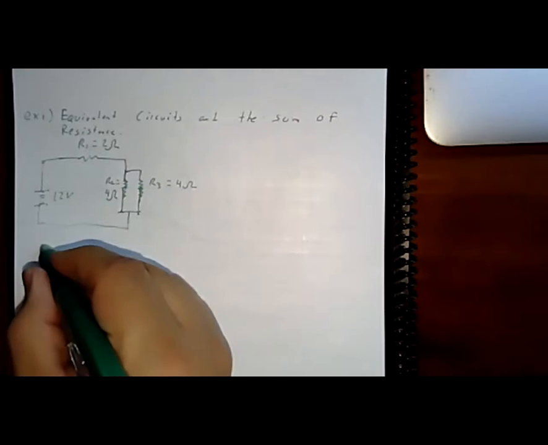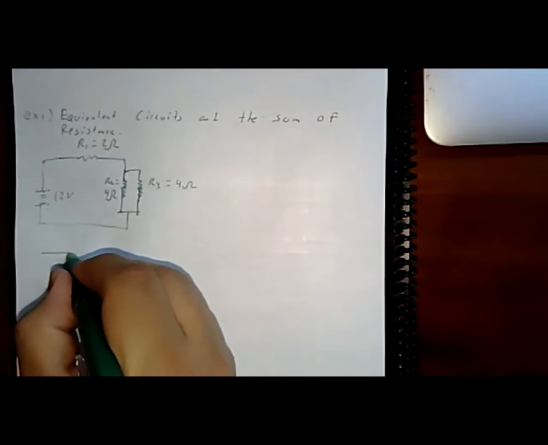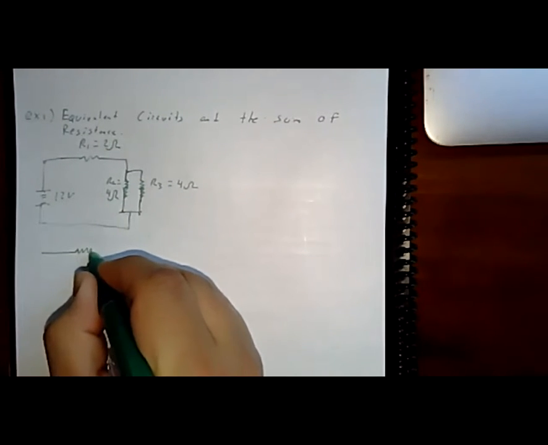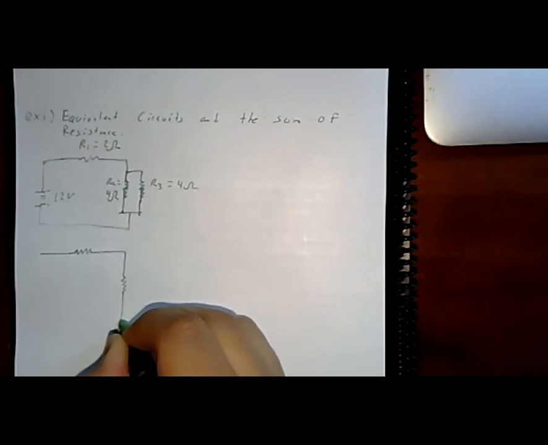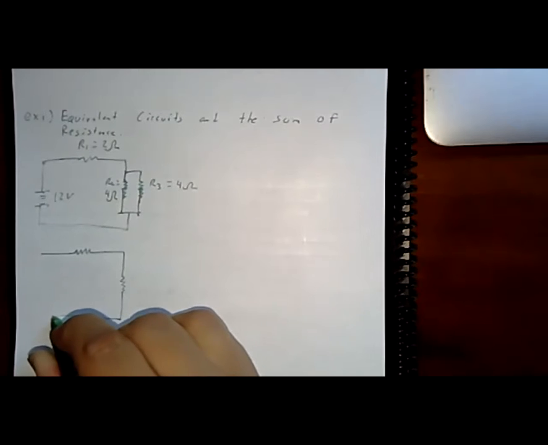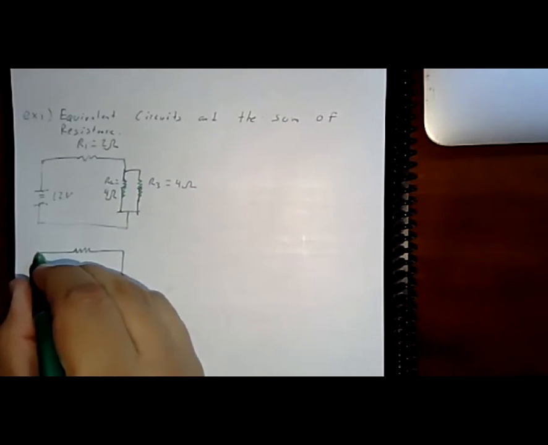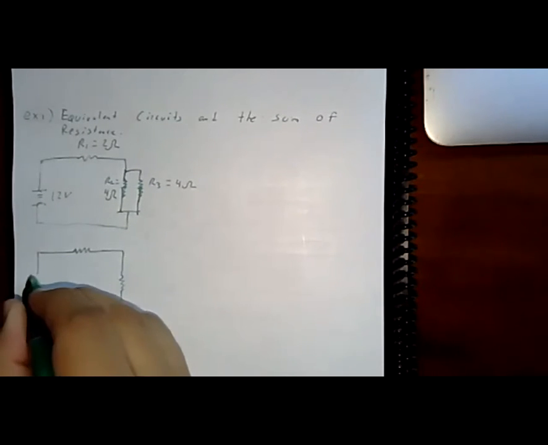Okay, so an equivalent circuit would be something like this. If I combine these two into one, I need to calculate the equivalent resistance.